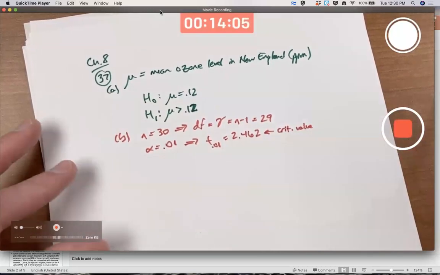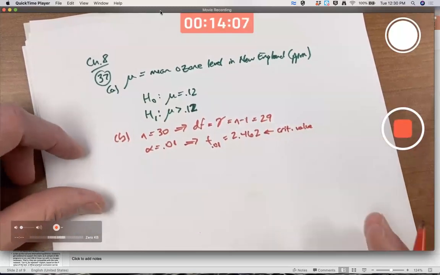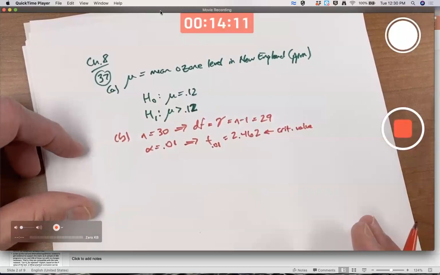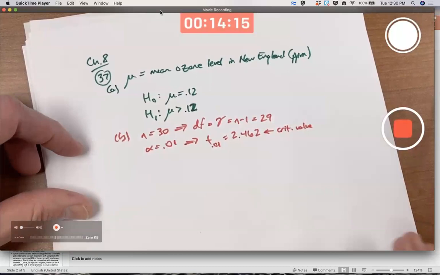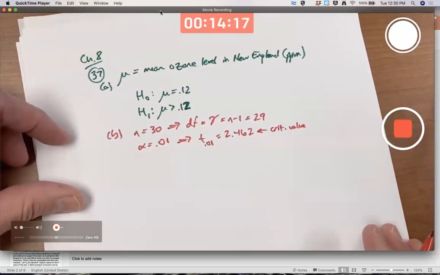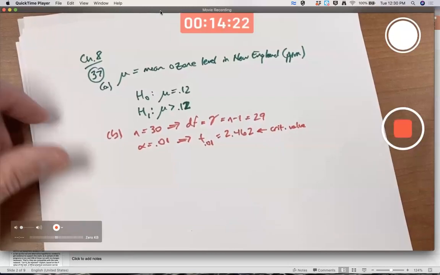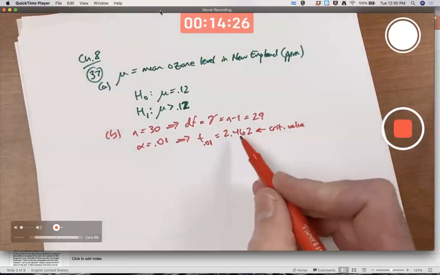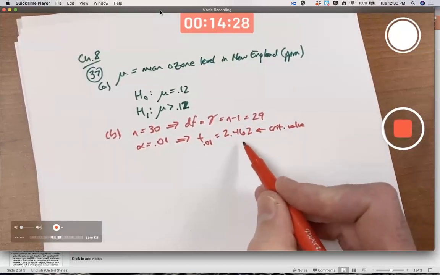That's the critical value of the rejection region in terms of t. I could also try to figure out the critical value of the rejection region in terms of x bar if I wanted. Maybe I will do that, even though it's not technically required for the problem, just to make sure we understand it all. You're going to reject the null if the t statistic is bigger than or equal to 2.462.